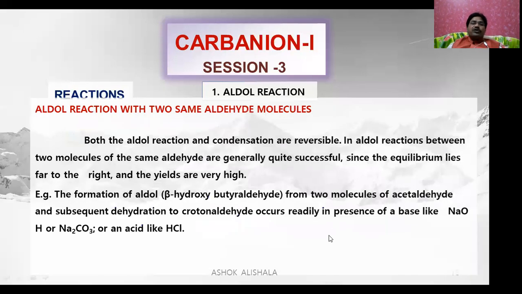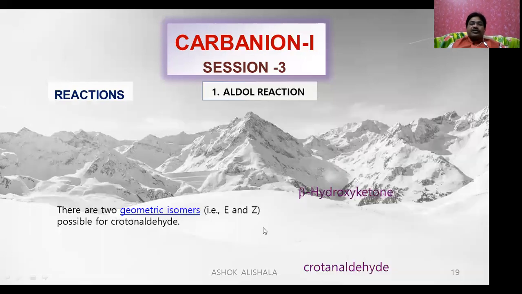Now, both the aldol reactions and condensations are reversible. Aldol reactions between two molecules of the same aldehyde are generally quite successful, since the equilibrium lies to the right and the yields are very high. The formation of aldol, beta hydroxybutyraldehyde, from two molecules of acetaldehyde and subsequent dehydration to crotonaldehyde occurs readily in the presence of bases like sodium hydroxide or sodium carbonate, or acids like hydrogen chloride.